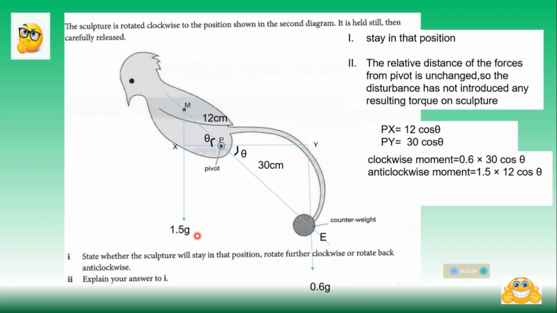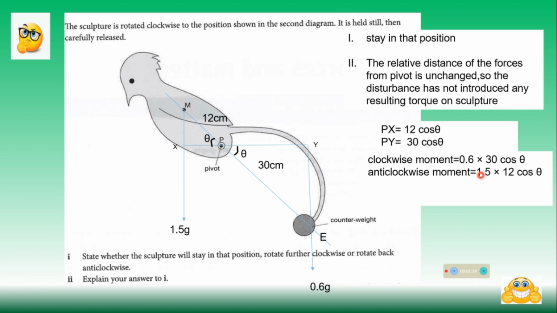Mass multiplied by g gives you the force, the weight, and these two moments will be equal because cos theta will have the same value in both cases. 0.6 multiplied by 30 gives you 18, and similarly 1.5 multiplied by 12 gives you 18. Cos theta is the same on both sides, so the clockwise moment is equal to the anti-clockwise moment in the disturbed position.